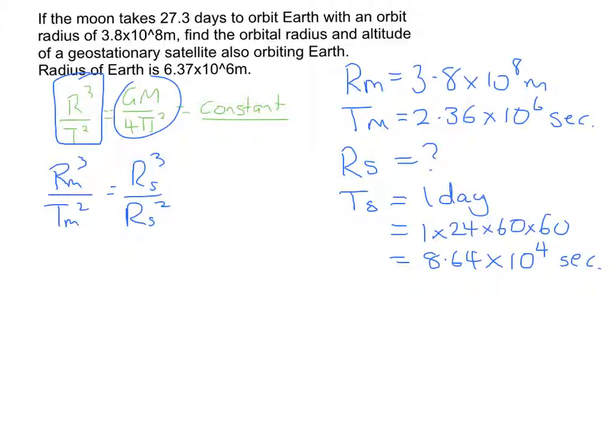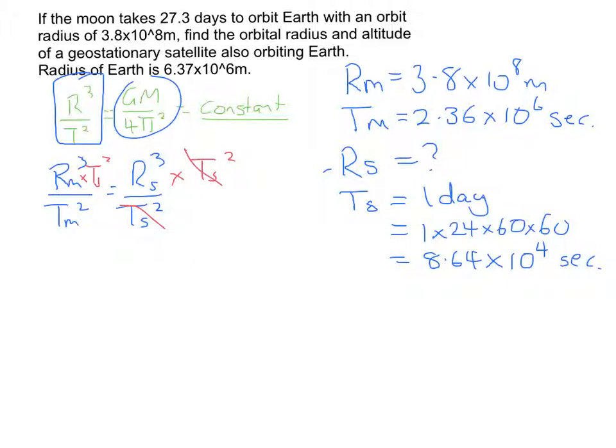We're looking for the radius of the satellite, and I've just noticed what I've drawn wrong there. I'm going to fix this up. Should be the period, shouldn't it? Like so. So now what I'm going to do is multiply both sides by the period of the satellite squared. Cancels that down.